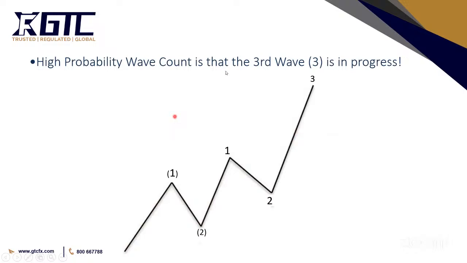So, what is the probable wave count here? The probable wave count is bracket 1, bracket 2, and then the third wave is progressing. So, third wave can be labeled as 1, 2, and the third of third wave. We are not breaking any rules now, are we? So the market is always right.